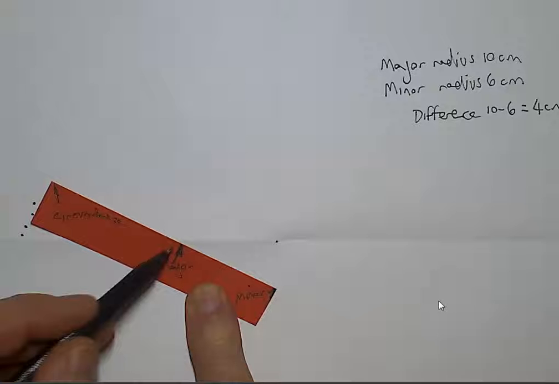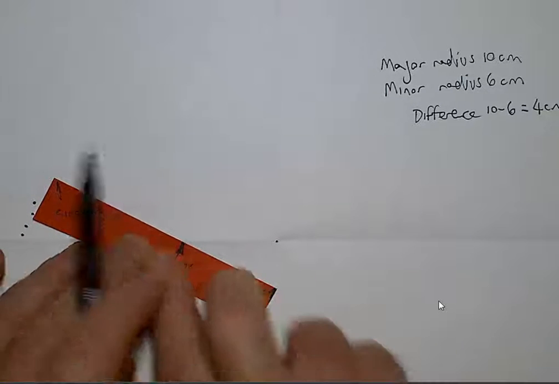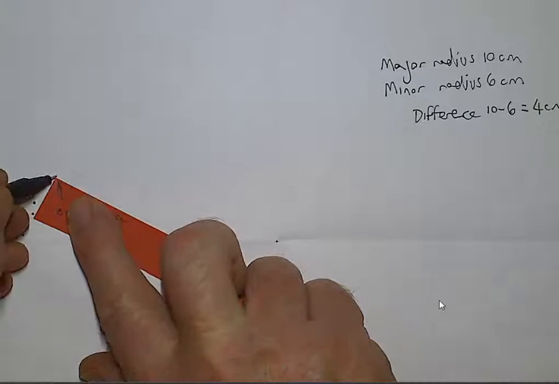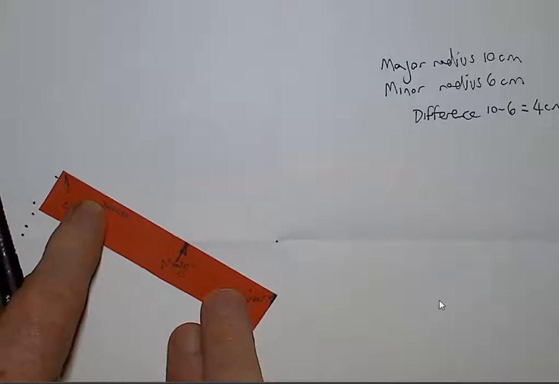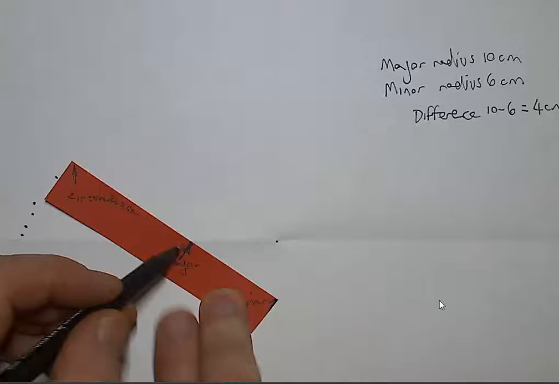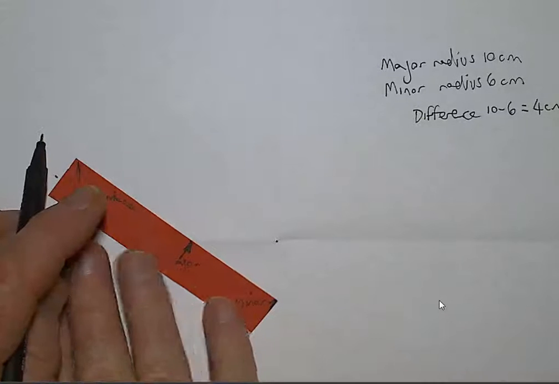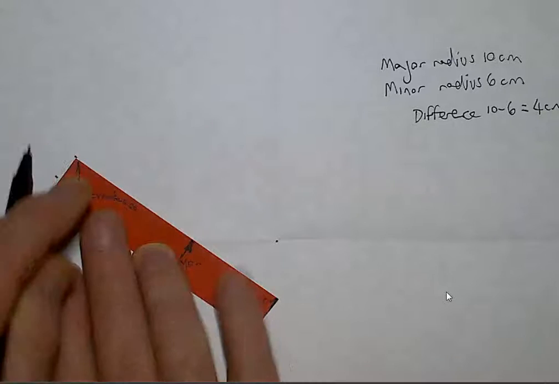On the minor, not quite on the major, and so there'll be a point on the circumference right here. On the minor, on the major, oops, be careful, it's a little bit fiddly, on the circumference.